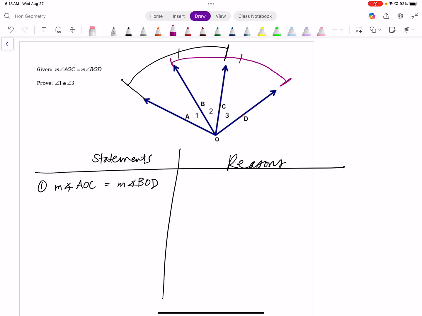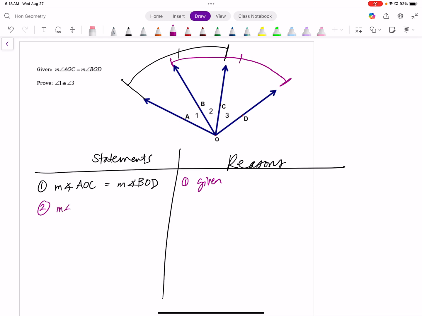And we want to prove that angle 1 and angle 3 are congruent. So, oh, I forgot. This was my given. I marked it up. So whatever's given, you mark it up. Whatever you write down in here that you figure out, you mark it up. Because usually when you can look at what's happening, it really helps. So angle AOC is made up of angles 1 and 2. So let's do this.